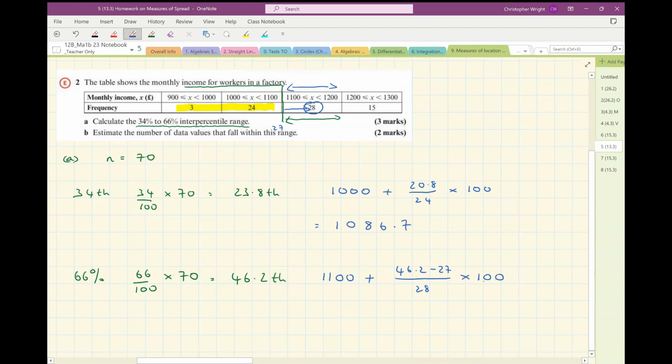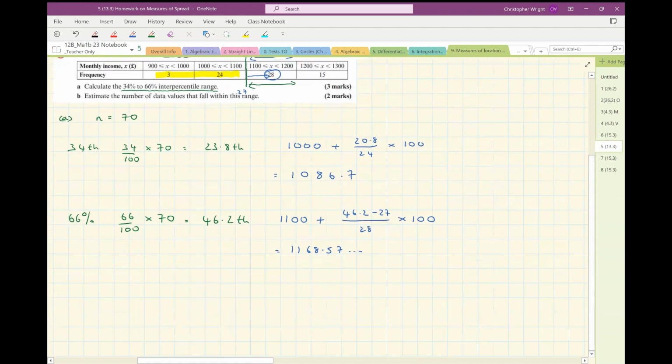And so the class width is 100 there, so I'm going to add on that fraction of 100. So that gives me a salary for the 46.2th person of 1168.57 and so on.